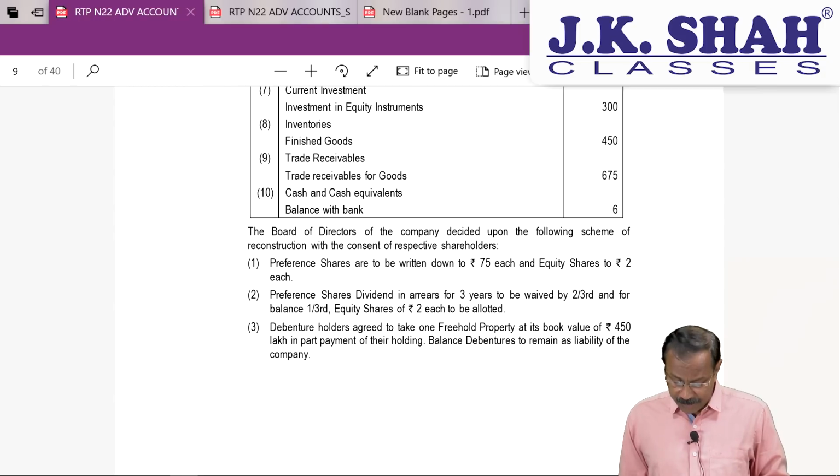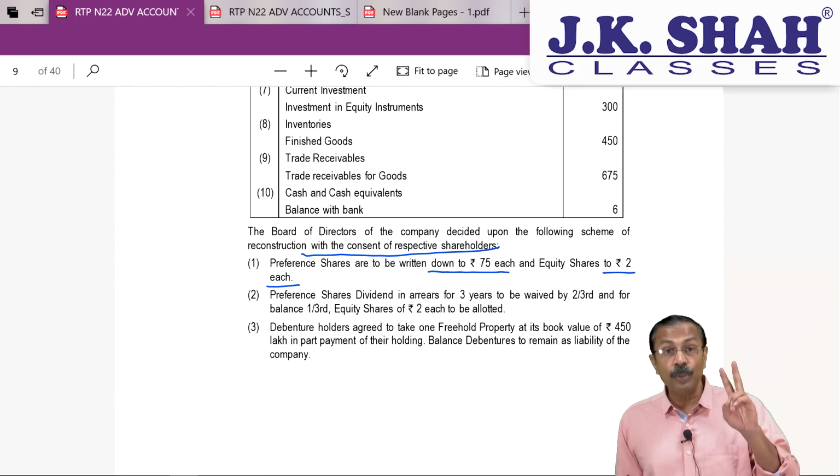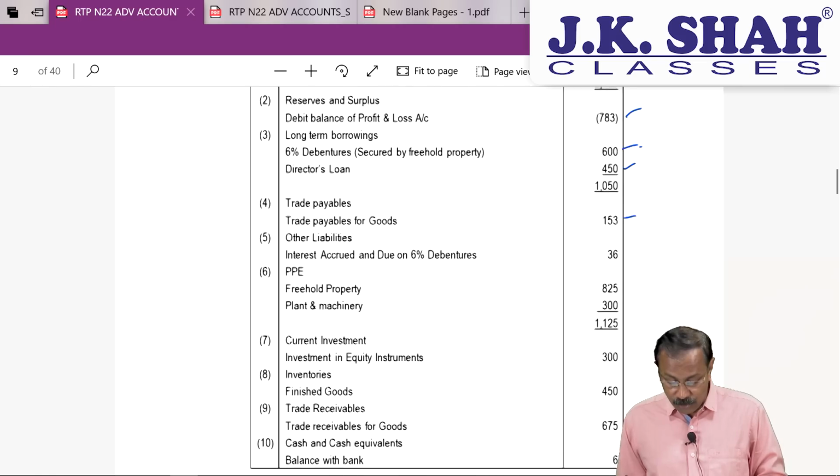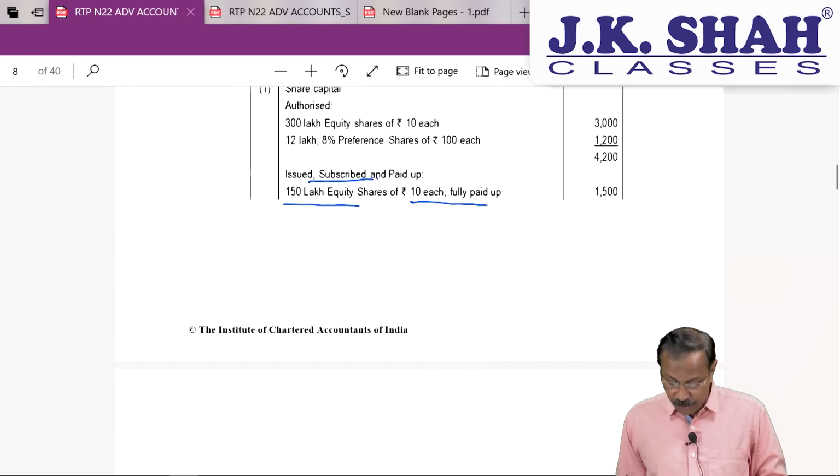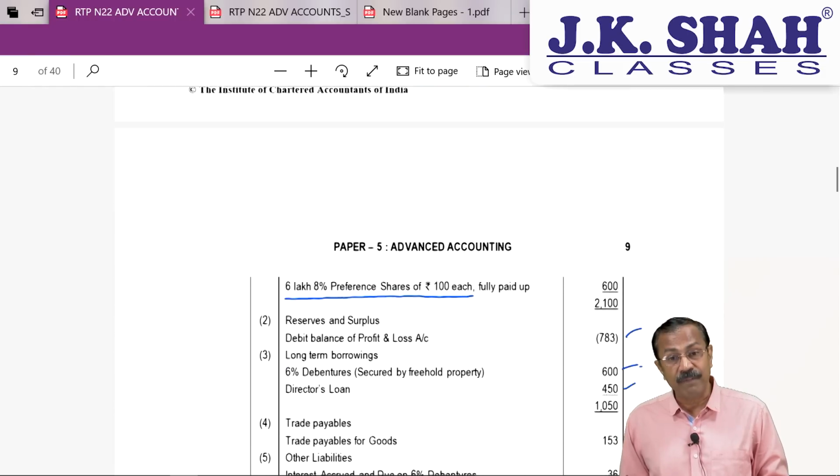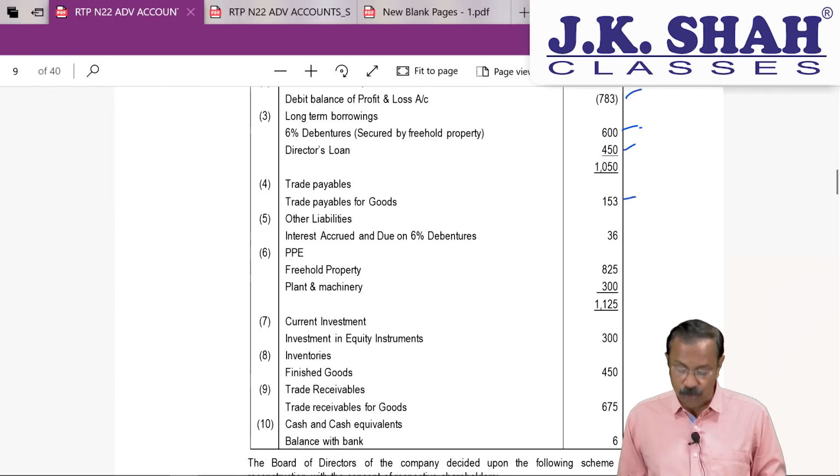The board of directors of the company decided upon the following scheme of reconstruction with the consent of the respective shareholders. Remember, preference shares are written down to rupees 75 each and equity shares to rupees 2 each. That's the new value. 100 rupees becomes 75 and 10 rupees becomes 2 rupees.